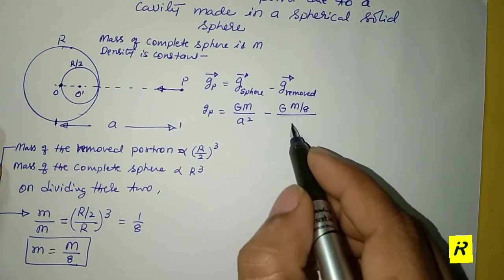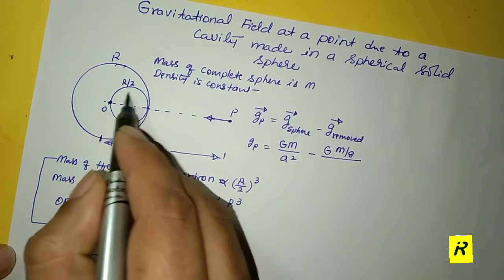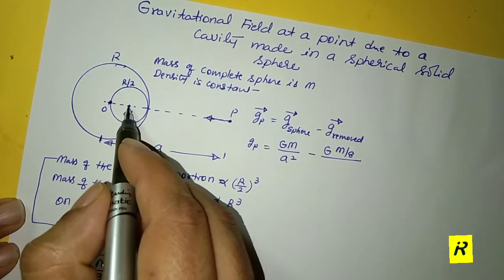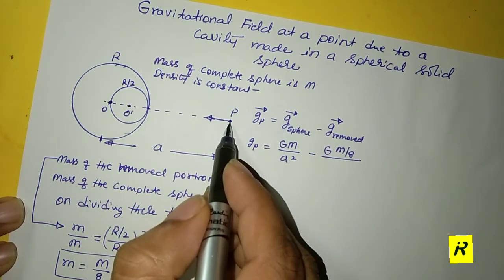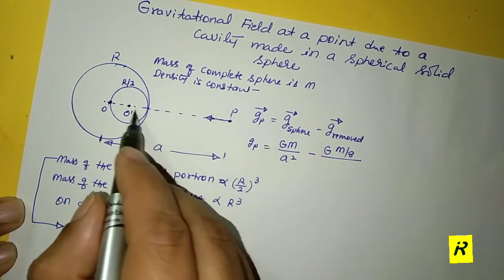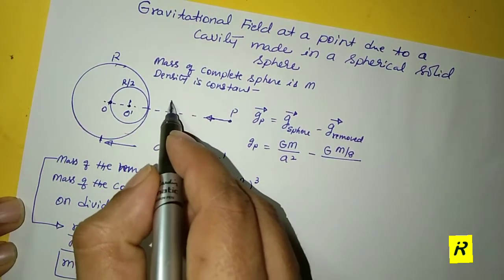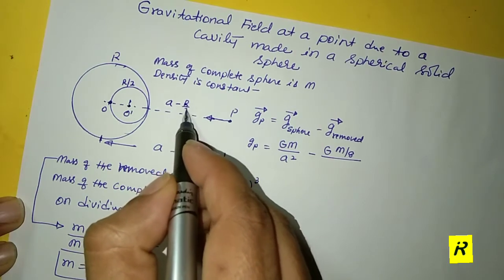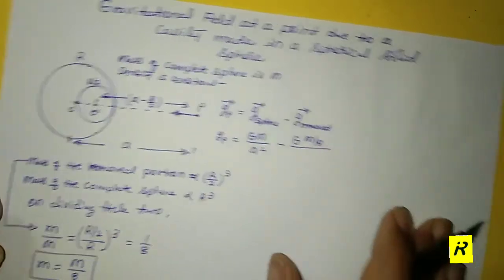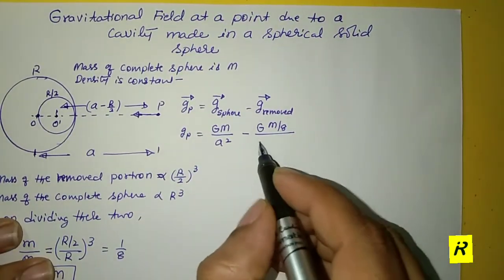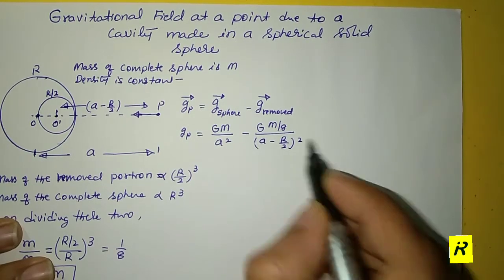It should be the square of the distance between the center of the smaller sphere that was removed and the point of interest P, whose center is lying at O dash. So this distance from here to here should be a minus r by 2. So I should use here in this part of the equation, a minus r divided by 2 squared.